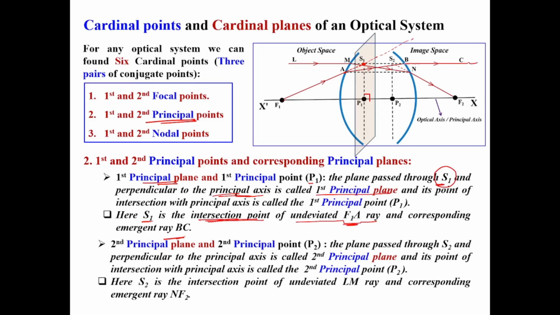If I extend this BC backward, this point S1 is the intersection point between the undeviated f1 ray and the corresponding emergent ray.